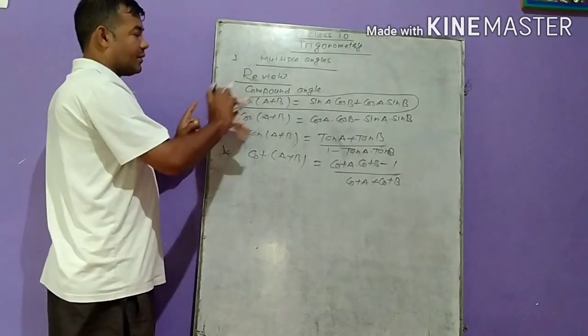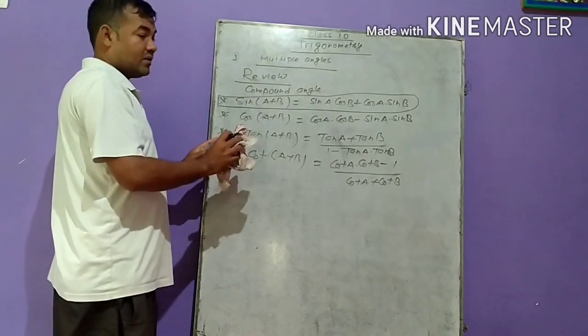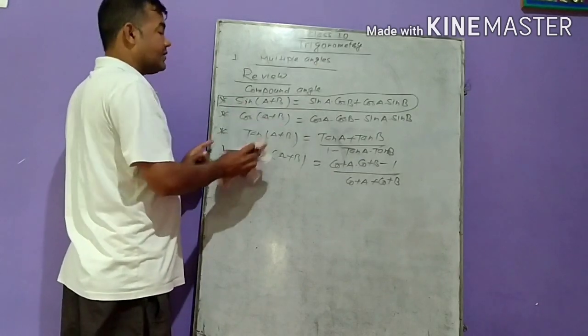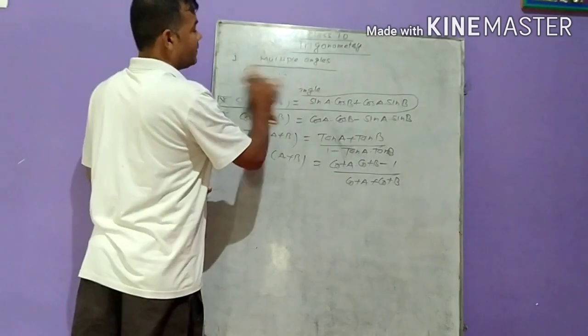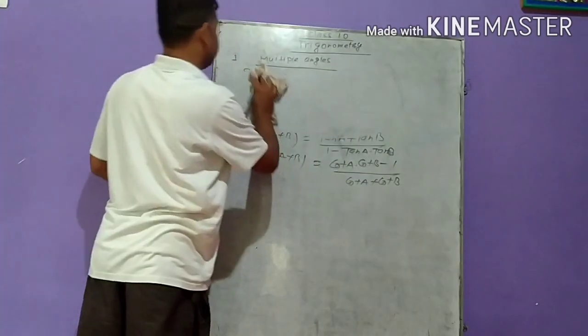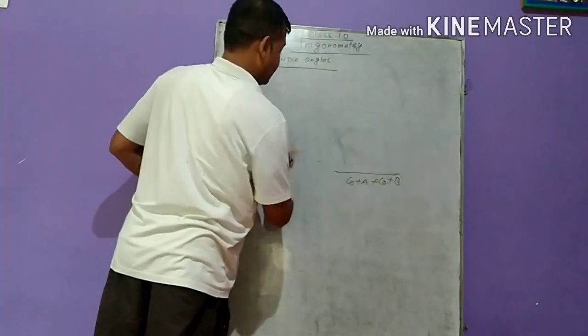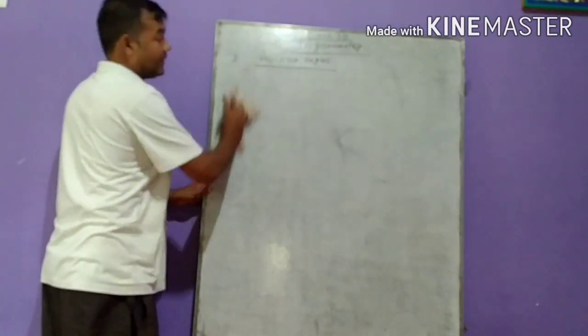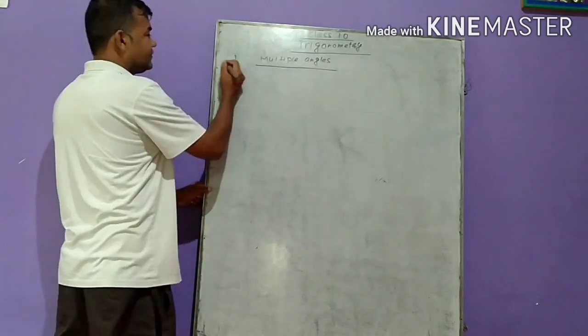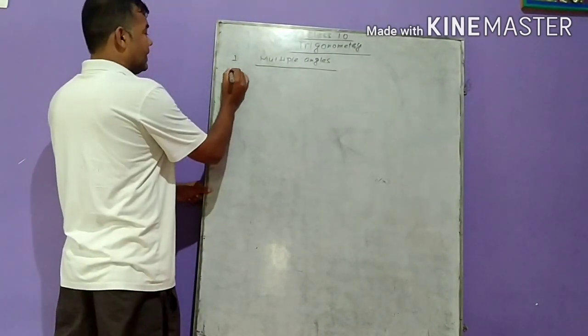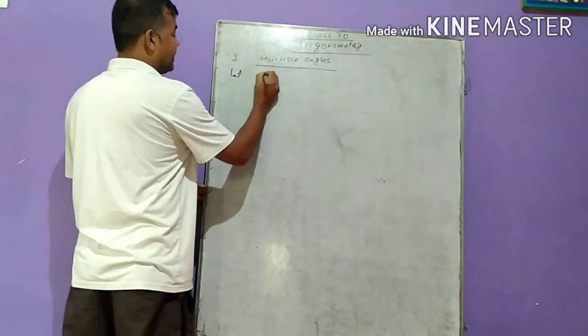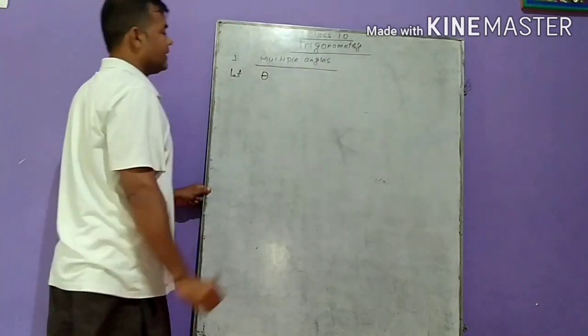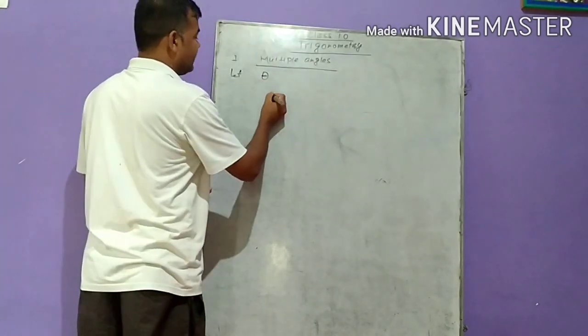Multiple angles. I think all of you have understood and memorized your previous learning. Now we are going to start from the introduction of multiple angles. What is a multiple angle? Let we have an angle theta, or you can suppose any angle, theta degree.